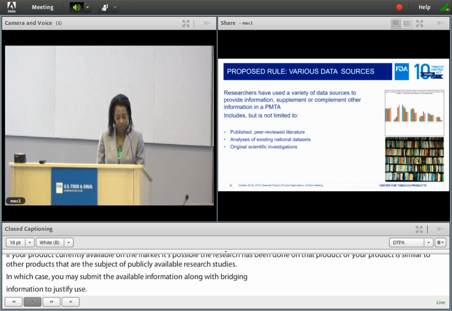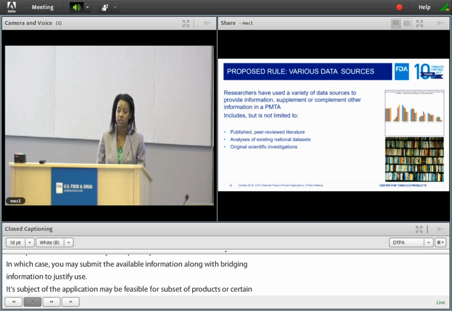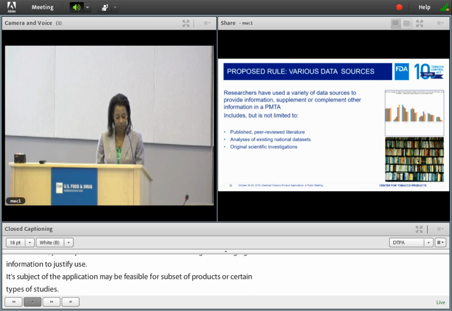It is likely that most PMTAs will include various data sources to support the submission, such as published or peer-reviewed literature, analysis of existing national data sets, such as NYTS or PATH, and original scientific investigations.